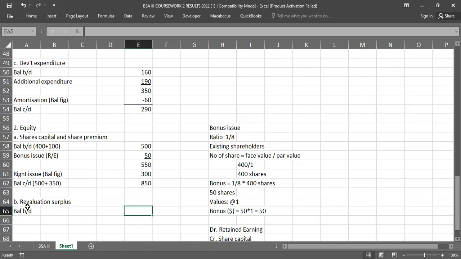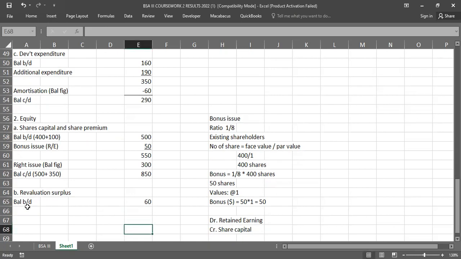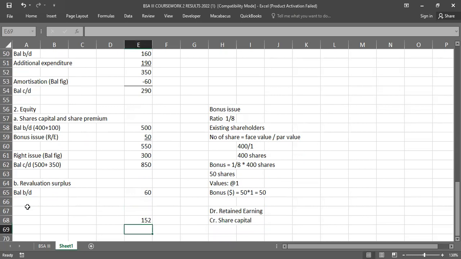So we're saying what is the opening balance? Surplus is 60, and the closing balance is 152. Okay, so like opening balance carried down. All right, it is fine. So what next?